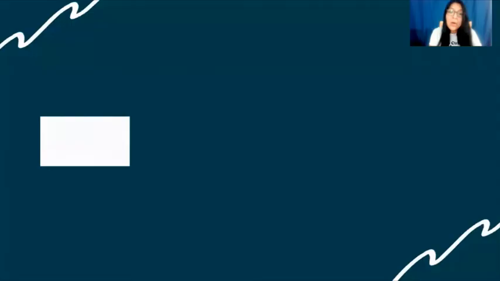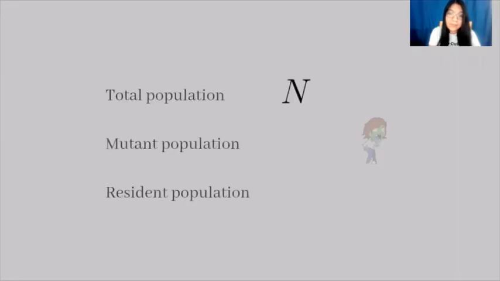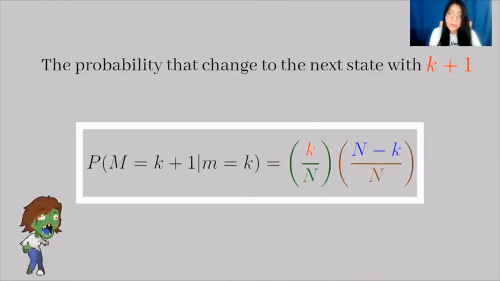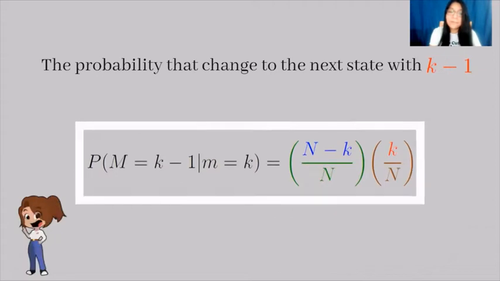So, what is the probability that the mutation achieves fixation and extinction? Let us call n the total population, k the mutant population, and n minus k the resident population. Then the probability that it will change to the next state with one more mutant is the probability that a mutant will reproduce times the probability that a resident will die.